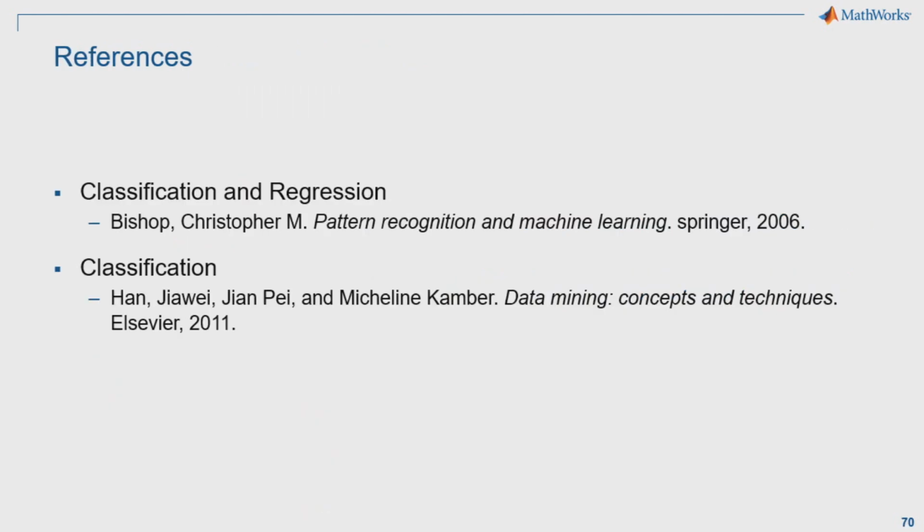And these are the references for this presentation. Actually, these are two very nice books. One used mainly for classification and regression, which is the one of Bishop, Pattern Recognition and Machine Learning, and another book which I also used a lot for the part on unsupervised learning, which is the book of Han, Pei and Kamber, Data Mining.